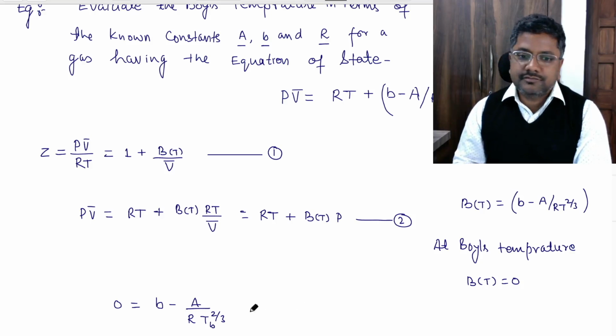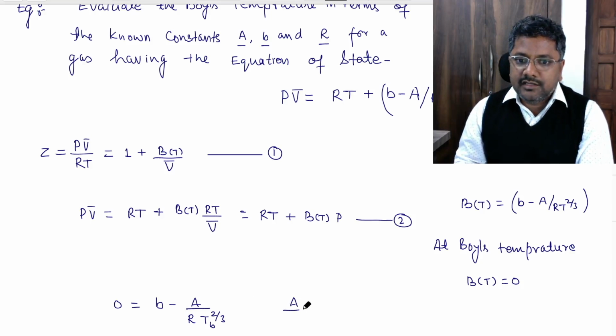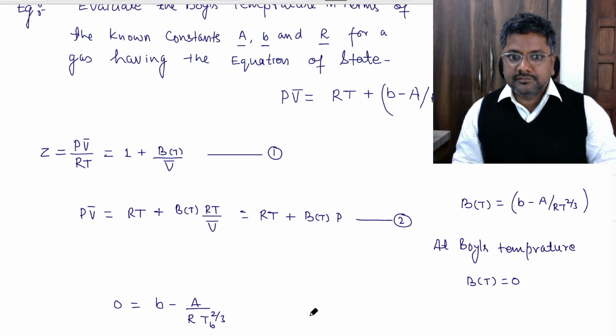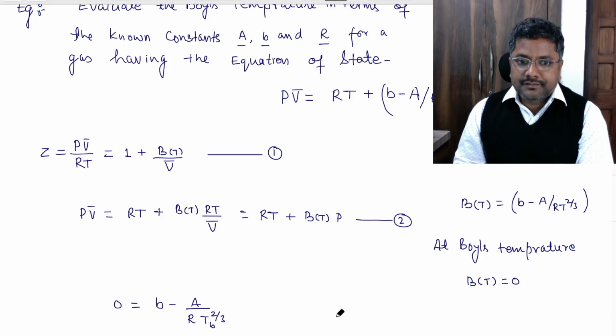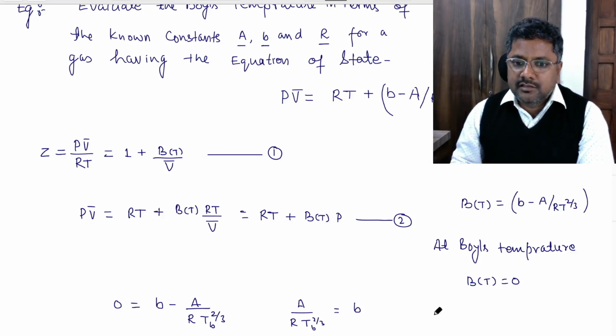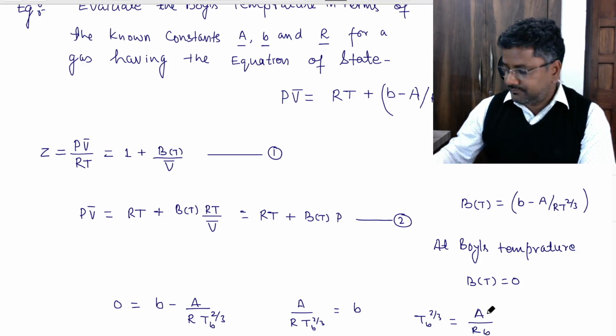So you can write a by R T_B to the power 2 by 3 is equal to b. So T_B to the power 2 by 3 is equal to a by Rb.